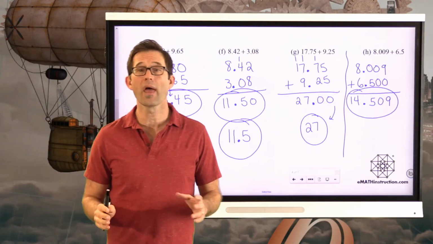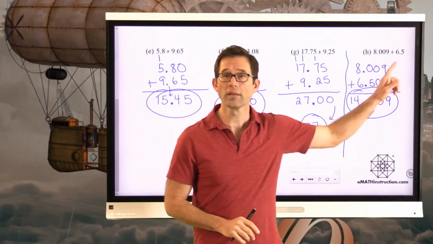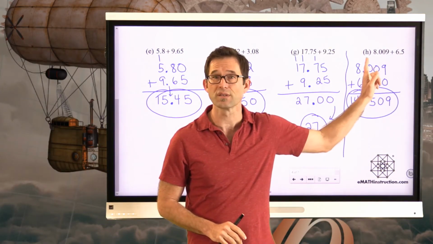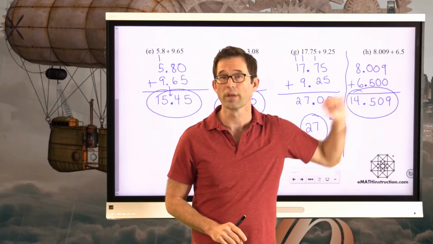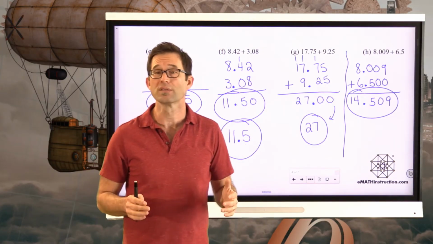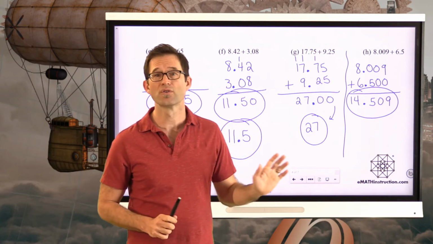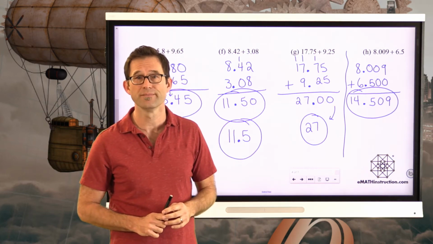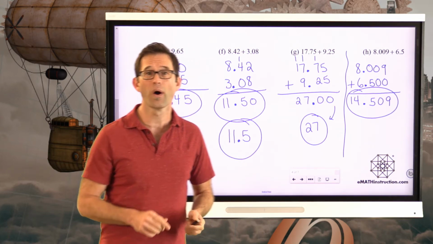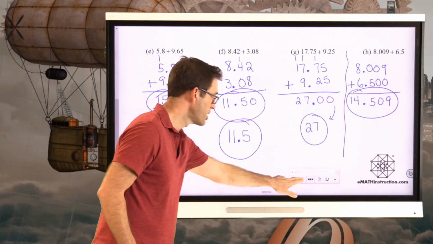All right, so we can have decimals that have radically different numbers of decimal places. This one's got 3, this one's only got 1. But we can still add them by tacking on as many zeros as we need to the right of that decimal place.